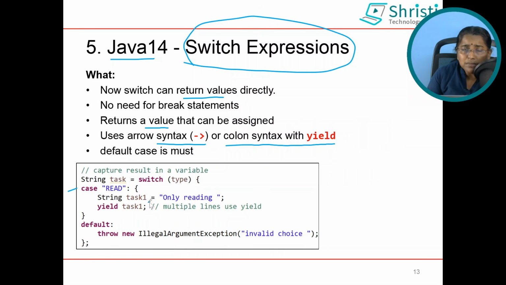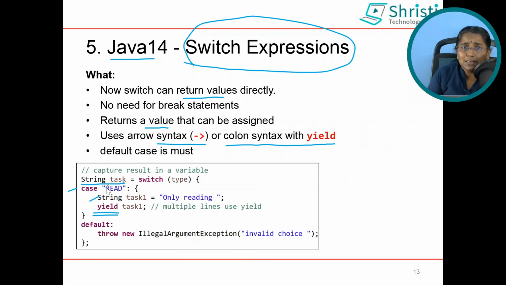For returning the value, the keyword that we will be using is yield. Yield the value that you want to return. The value that I want to return is of data type string, so I am capturing it in a string variable. I repeat, if you are returning an int value, you need to capture it in an int data type. Now here I am returning a string value, so I am capturing it in a string data type.